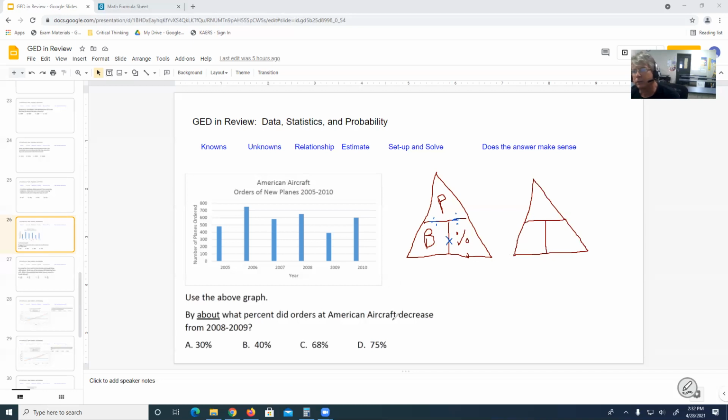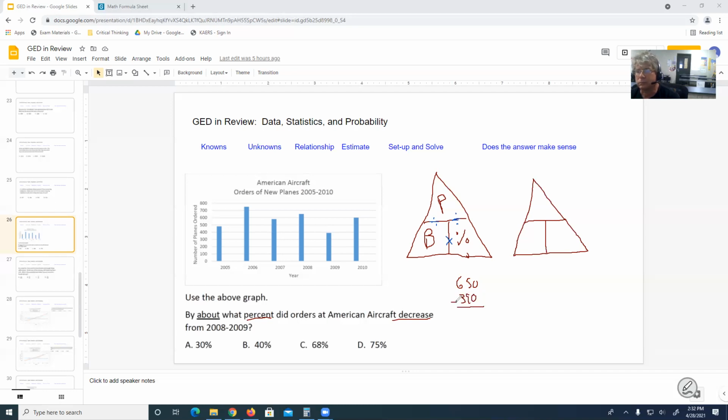So it's talking about this decrease. We're looking for the percent that it decreased by. If I look at 2008 in the graph, it looks like that's around 650, so I can make a note of that. And then in 2009, we notice that the orders went down, and it looks like a shade under 400. So I may say 390 there as an estimate.